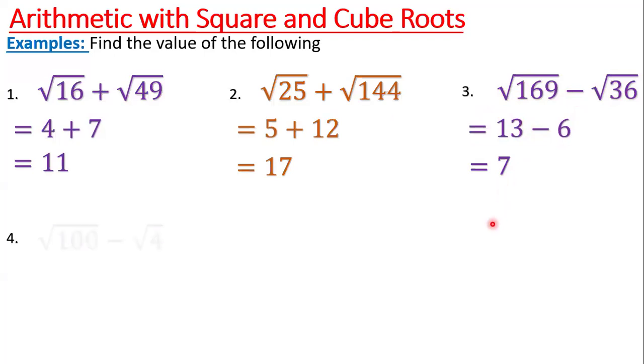All right, let's do number 4. Number 4 says the square root of 100. Please write this down. The square root of 100 minus the square root of 4. That should be easy. 98? Take away 2, that'd be 50? It's 8.